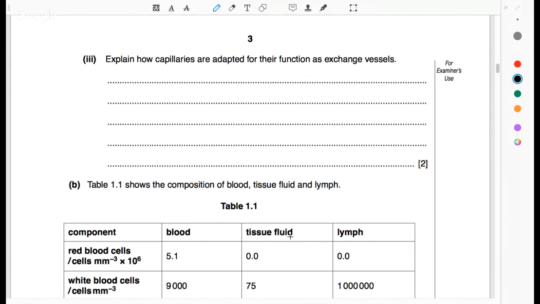Okay, what about the diameter of a capillary due to the blood flow? The capillaries have a small diameter, which allows the red blood cells to be close to the respiring cells, thus decreasing the distance over which CO2 and O2 diffuse.